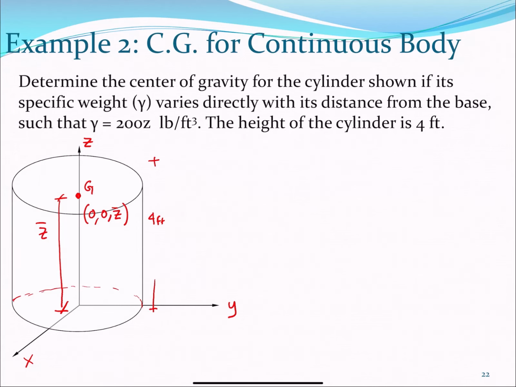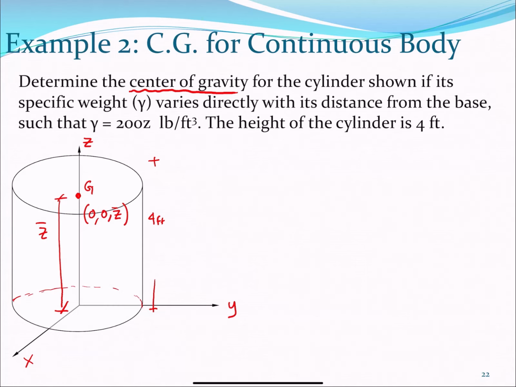So I have this example here, Example 2, and this example deals with the center of mass, center of gravity. Center of gravity for this drum, which is a cylinder. The specific weight varies directly with its distance from the base, such that gamma is equal to 200 times the z coordinate, in pounds per cubic foot.